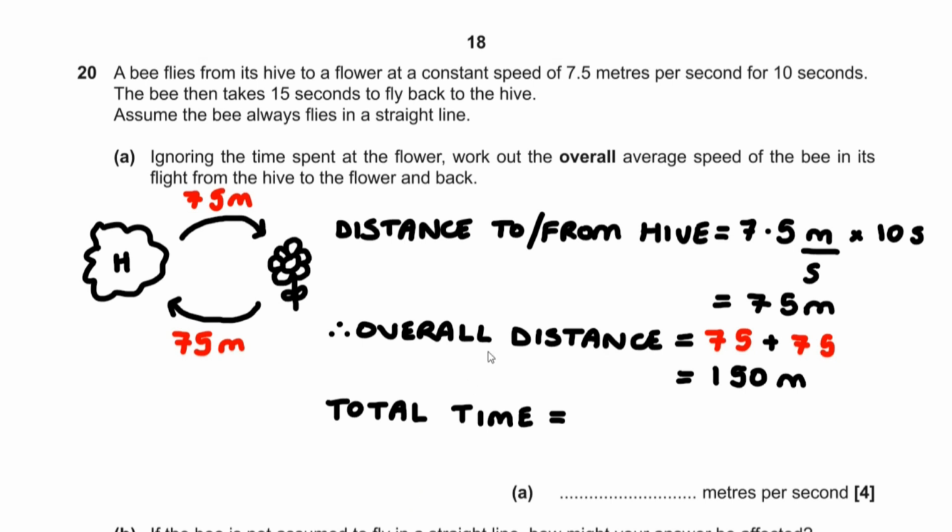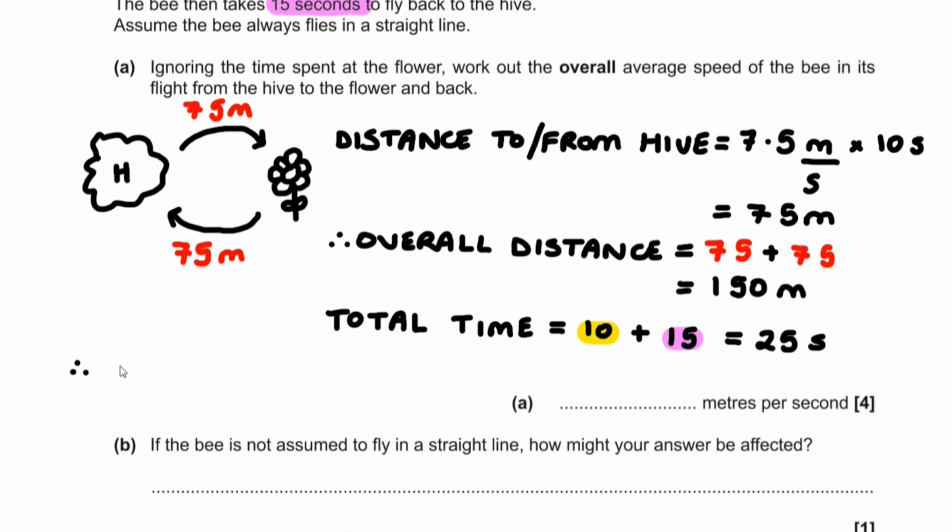The total time, we've got 10 seconds from the hive to the flower, being added to the 15 seconds from the flower to the hive, and that is an overall of 25 seconds.